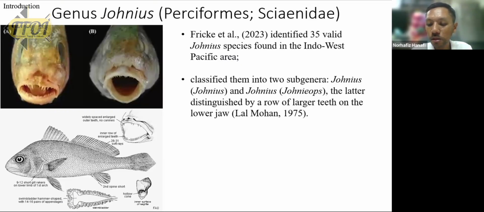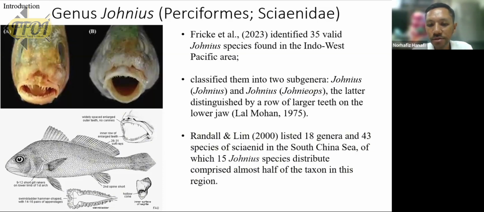For example, in Malaysia, they have a lot of endemic species, but I believe Indonesia has much more, because the Indonesian region is undiscovered, unexplored. When I discovered new species in Malaysia, I believe in Indonesia I can also find new species. So it's easy to classify into two subgenera based on the lower jaw.